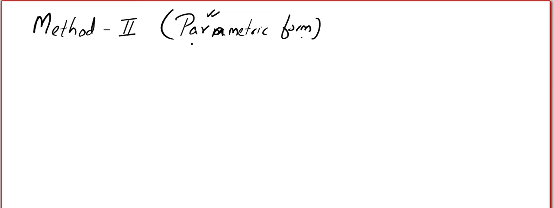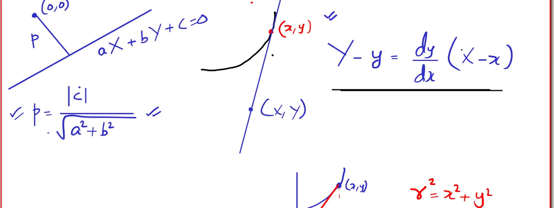So don't forget the equation of tangent. Anyway, we did not use it because the ellipse is a standard equation and the ellipse is in your first semester syllabus. So as a first semester student, you're supposed to know the equation of tangent to an ellipse. Now the second result, the distance between the origin and the tangent.